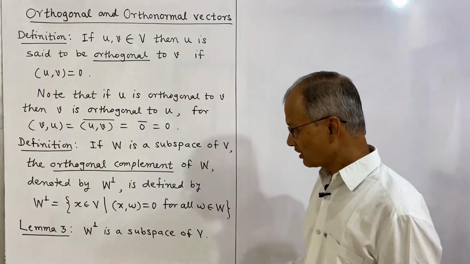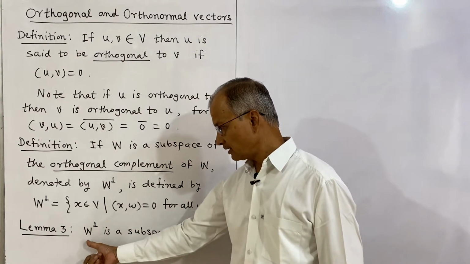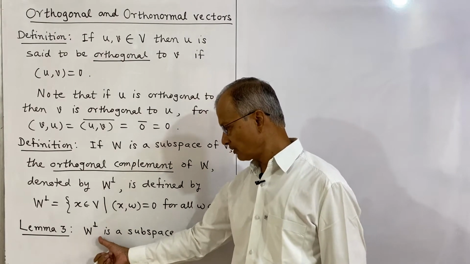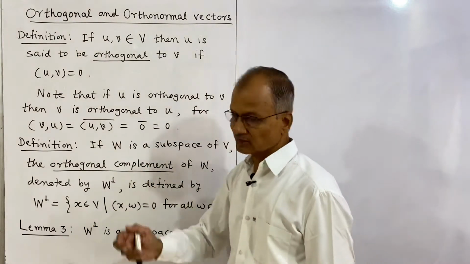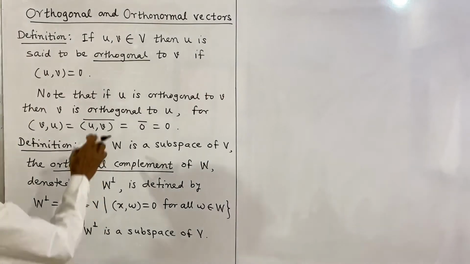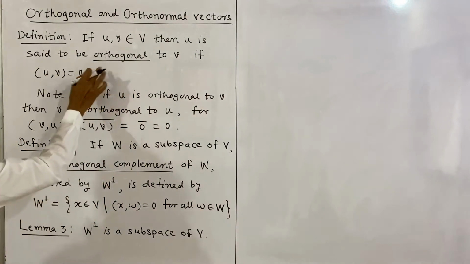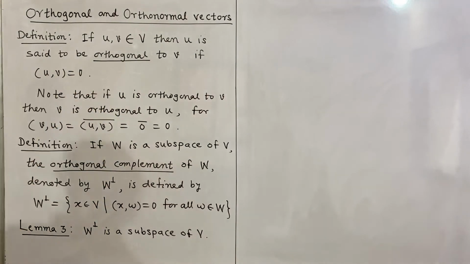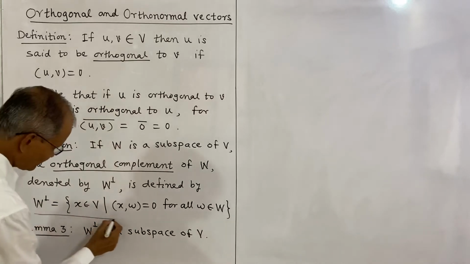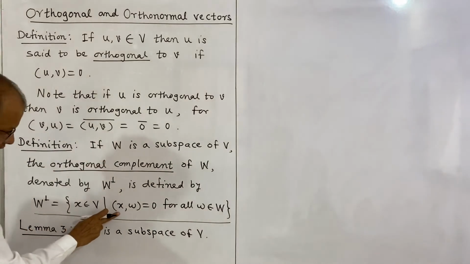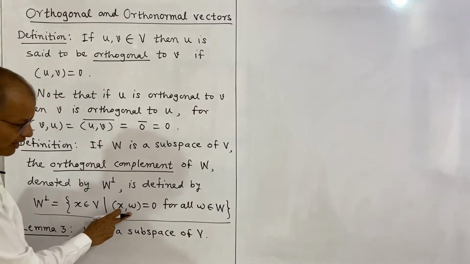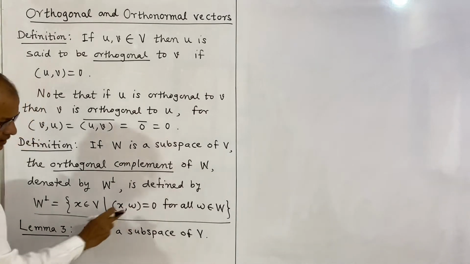Now we shall prove a lemma that the orthogonal complement of W is a subspace of V. So we have to remember these two definitions. The vectors are said to be orthogonal if the inner product of u and v is 0. And orthogonal complement of W means those vectors in V whose inner product with any vector in W is equal to 0.